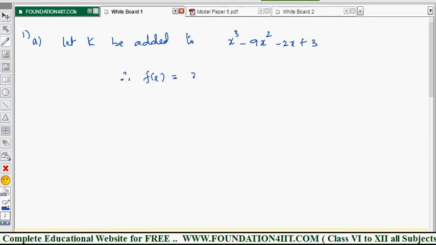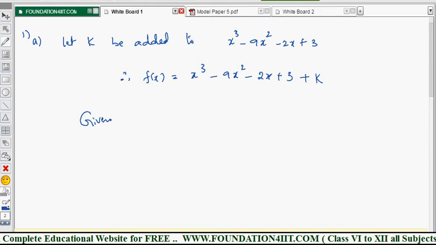So f of x is equal to x cube minus 9x square minus 2x plus 3 plus k. Then f of x is divided by x minus 2. That is given.